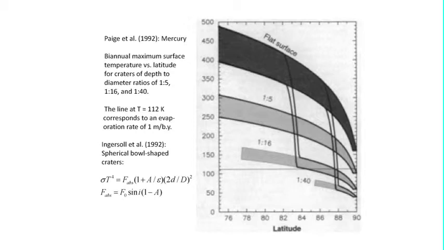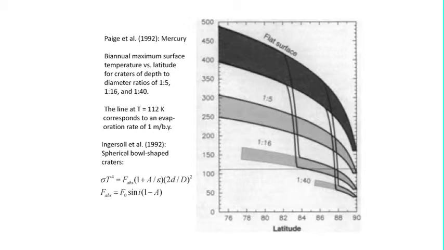Now my little contribution was to do the math for a spherical bowl-shaped crater, where you can get an exact answer for the temperature of any permanently shadowed place in the crater. You can get an exact answer, but this is not the formula. It's a little too long to put on this slide. This is in the limit of a very small depth to diameter ratio.